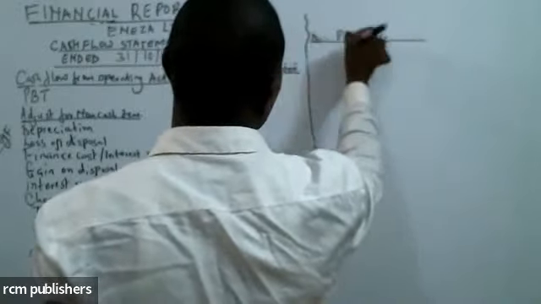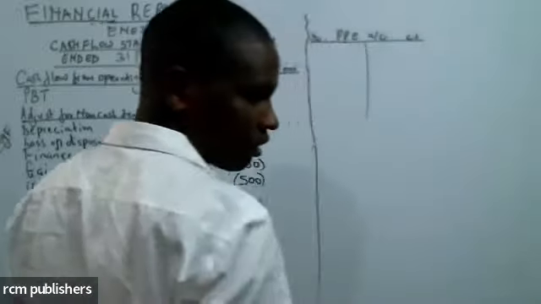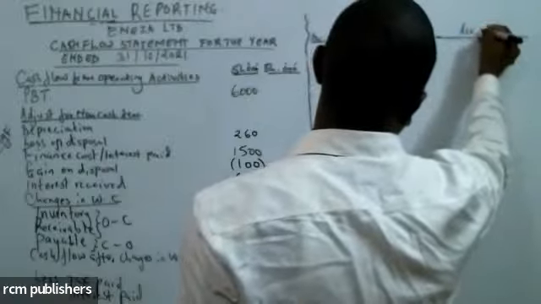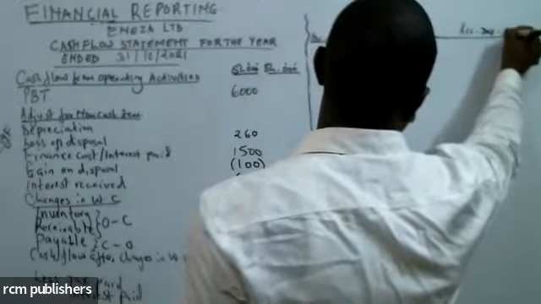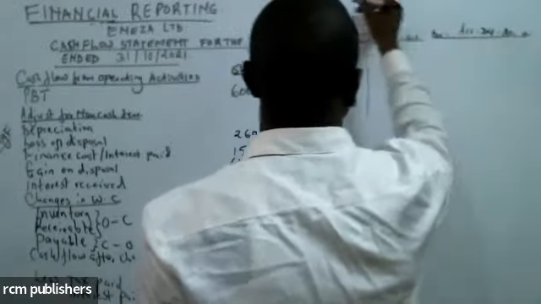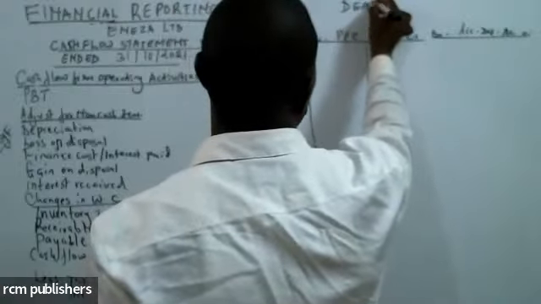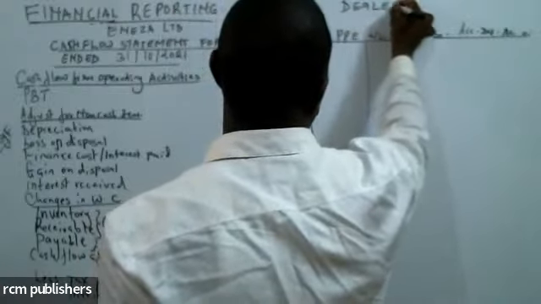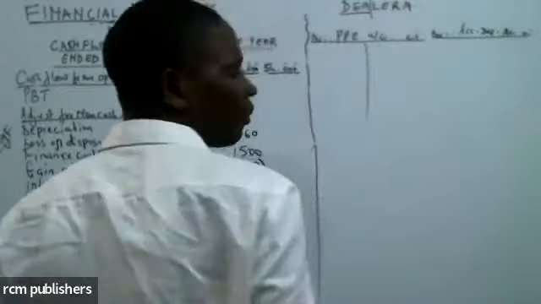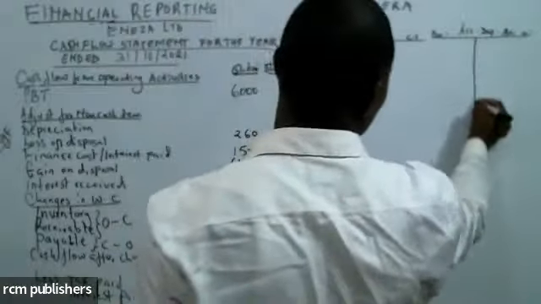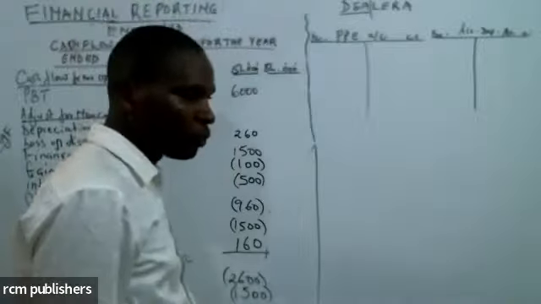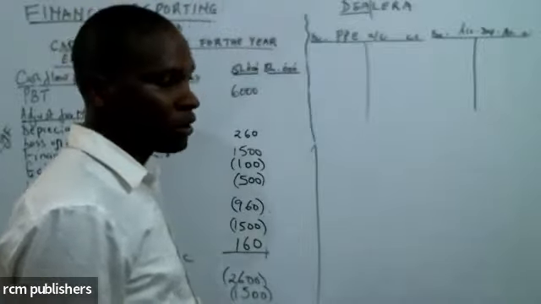So I can come up with a PPE account. This is debit, this is credit. Then on the other side, I can have my accumulated depreciation account. Na class nimewambia kwamba this DEALER is very important for me. Good. Now, these are two accounts that we have to prepare in order to know our actual depreciation.